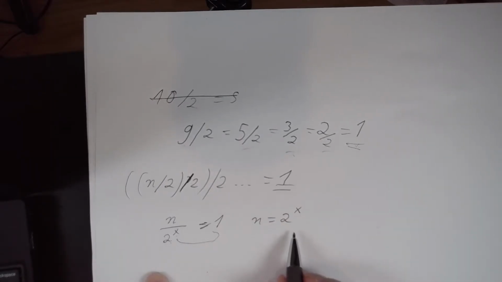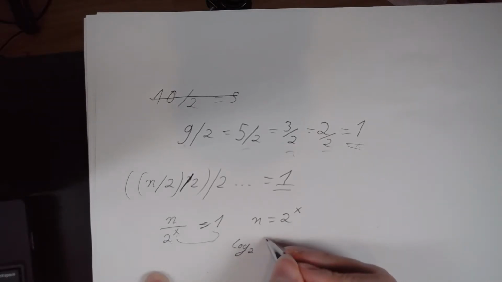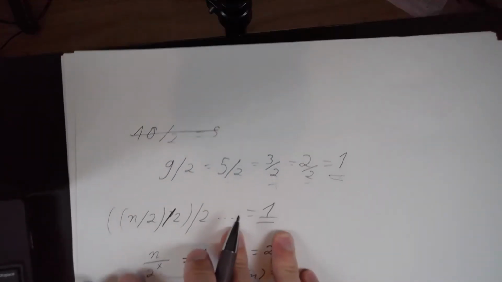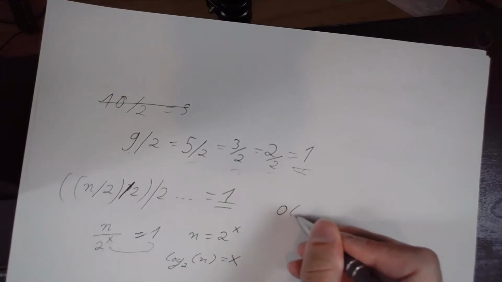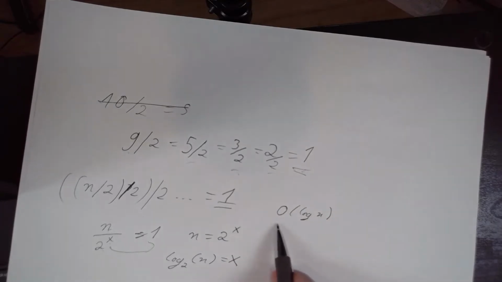And that is exactly what the logarithm is defined to be. So the logarithm to the base of 2 of the value n equals exactly the x we are searching for. So our runtime is as such: O of log of n, logarithmic.